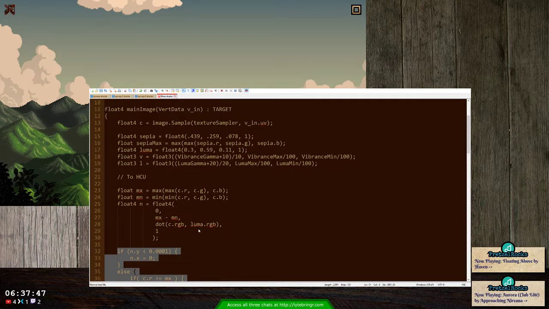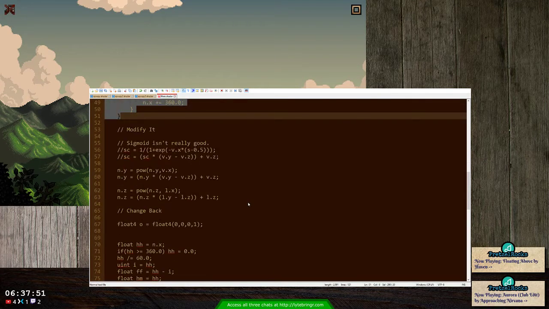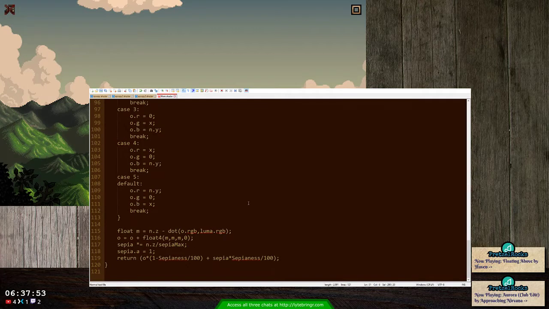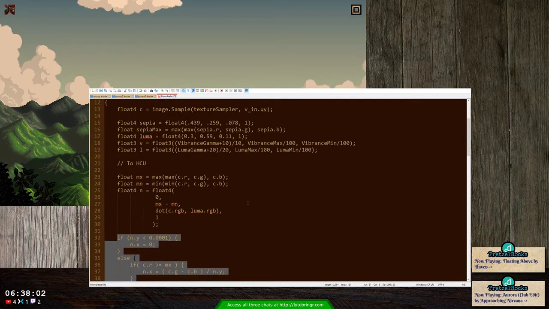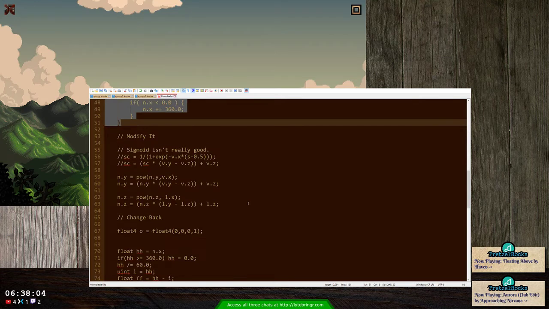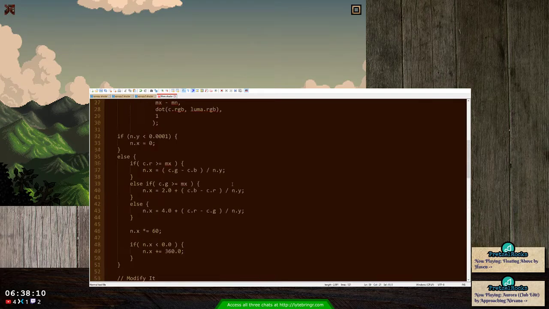And then we work with... Actually, we don't have anything that modifies the luma. Because the luma is... Wait a minute. We've got to. Because that's... V.